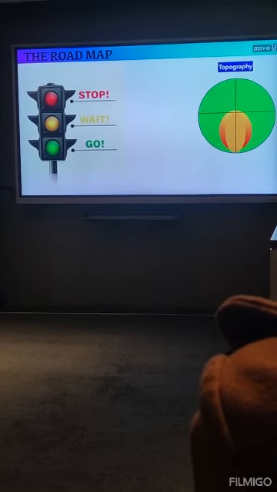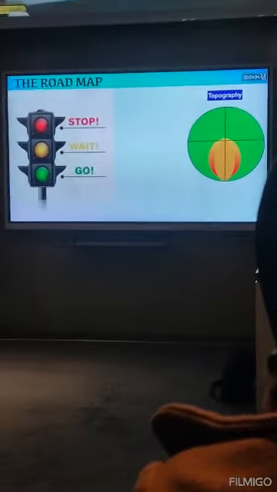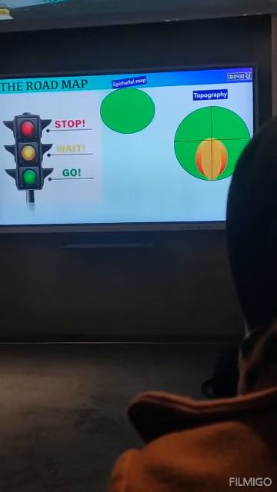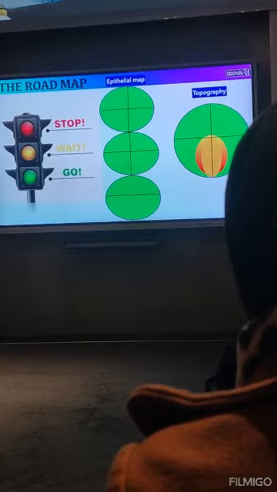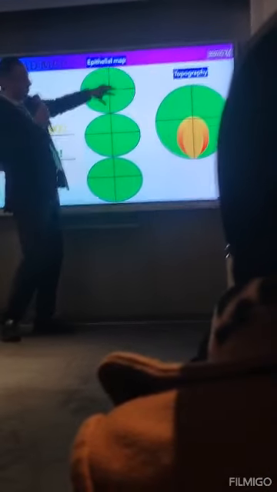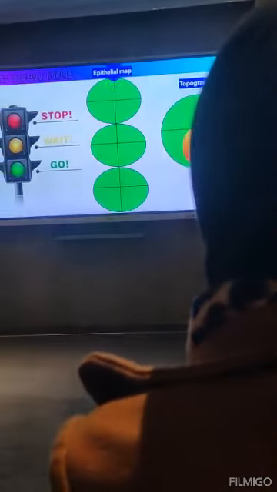Thank you. Okay, so the roadmap for all of us regarding epithelial mapping: to stop, to wait, or to go. Simply, if you have this topography with this inferior steepening, you will study the epithelial mapping to know if this is a significant steepening or just surface change or hyperplasia of the epithelium.